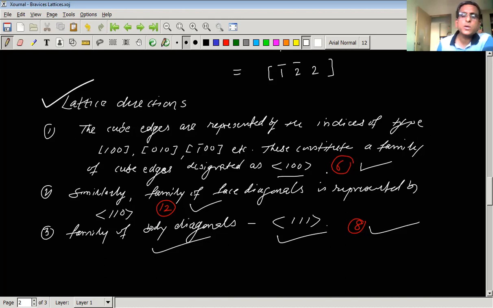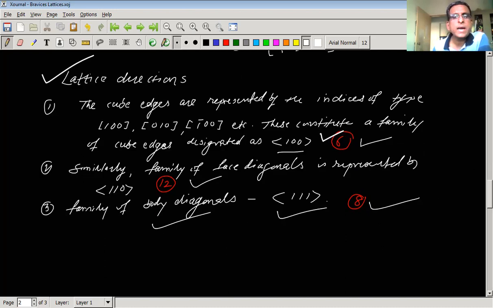And if we look for the members of the family of the cube edges, then the total members in the family of the cube edge is 6. Similarly, we can calculate the directional indices of the face diagonals, and these indices are of the type 1 1 0, 0 1 1, 1 0 1, like that.